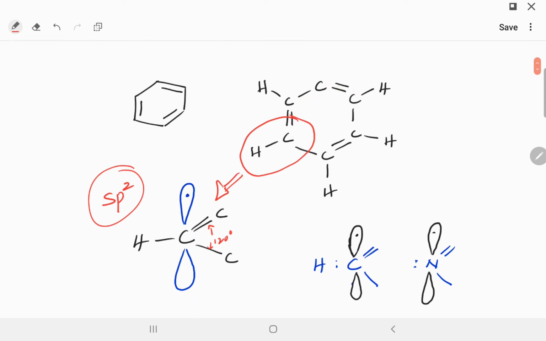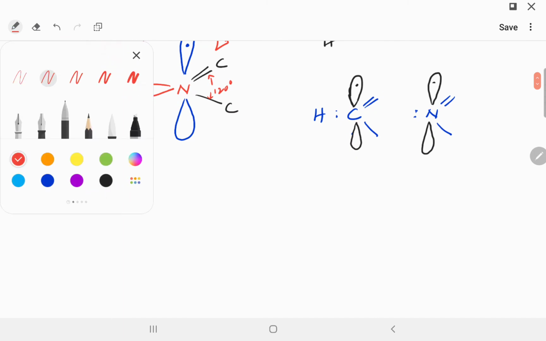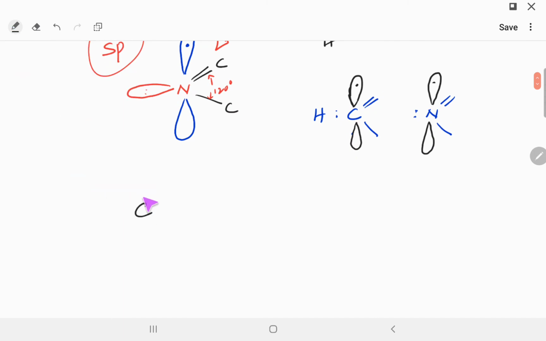So in this example, you are replacing a carbon and a hydrogen with a nitrogen. Can you do that? Let's take a look. Carbon is from group 4A, so it only has 4 valence electrons.